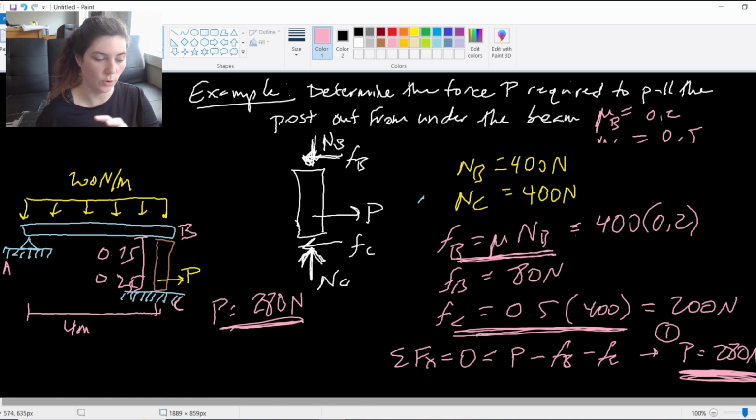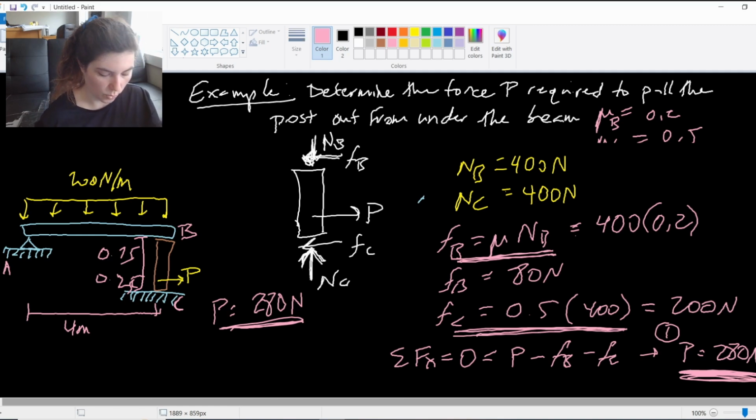We need to check for the slip at B rotate C case and the slip at C rotate B. Because if we get a smaller P value for either of those scenarios, it means that they'll happen first. And that would actually be the force required to pull this post out of the beam, right? Because you don't need to go all the way to 280 if you're already failing at 200.